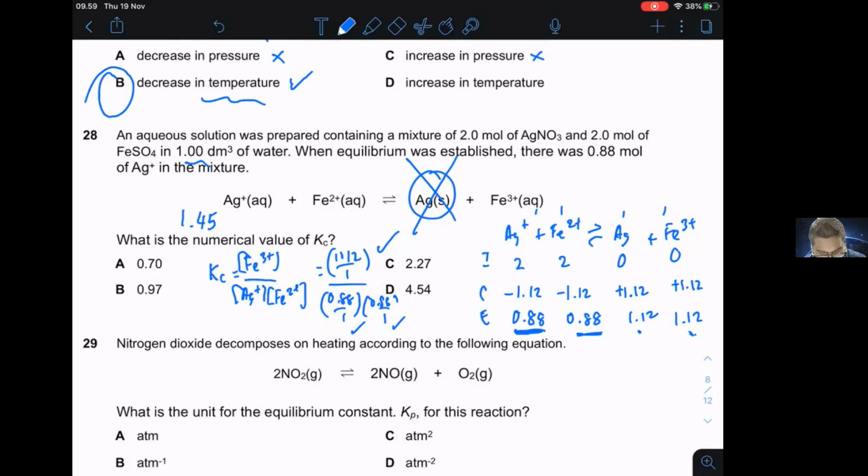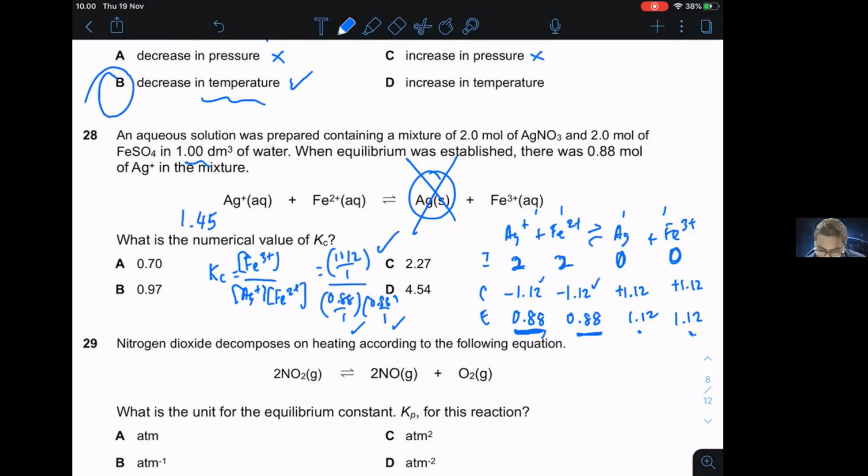Question 29: an aqueous solution, a mixture of 2 moles in 1 dm cube, and when the equilibrium was established there was 0.88 in the mixture. When you have Ag plus 2, then 0, 0, so 0.88 Ag plus 0.88, and this is correct.